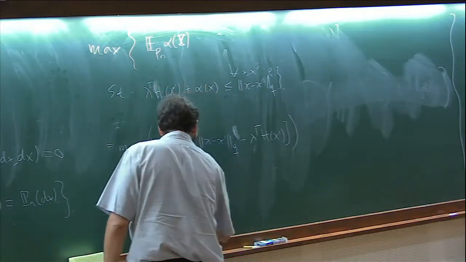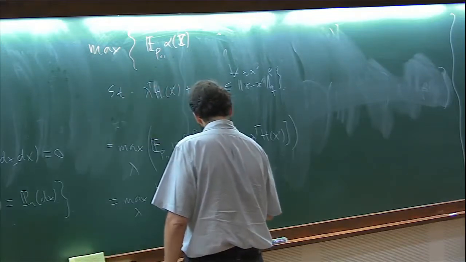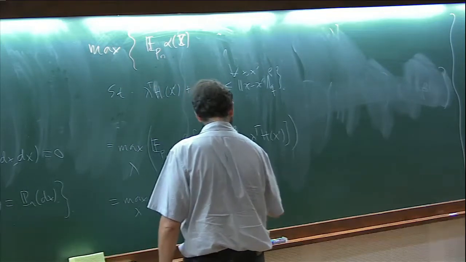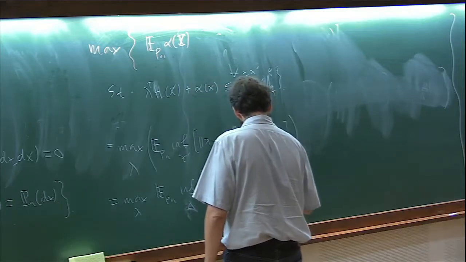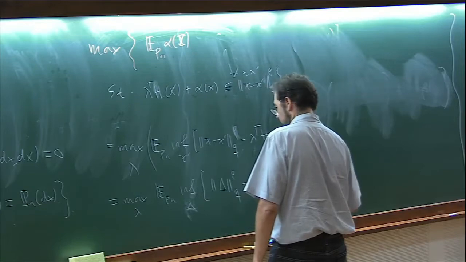So since that is the key, I'm going to introduce this delta. I'm going to write here delta q to the power rho minus lambda transpose, I'm going to have x plus delta here.